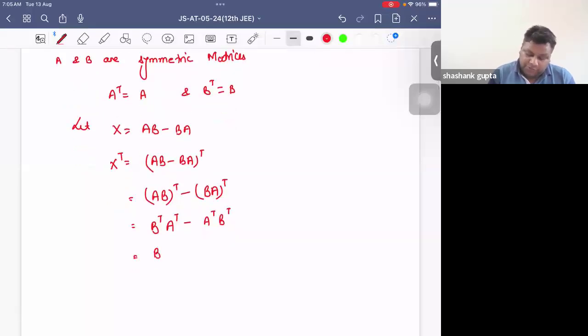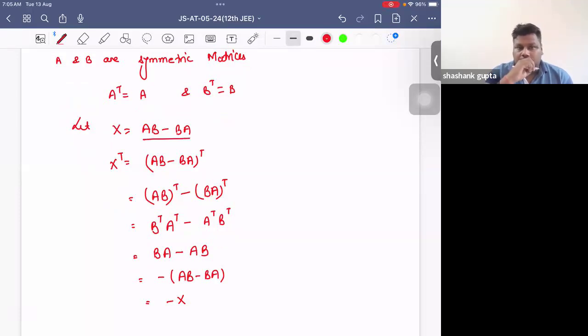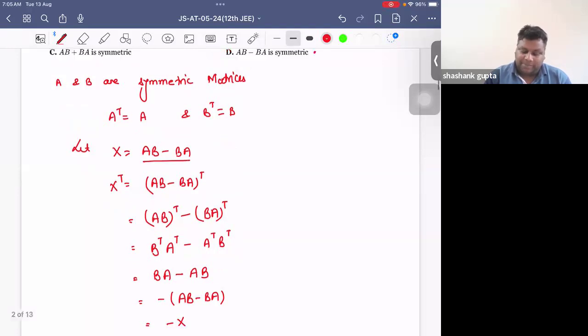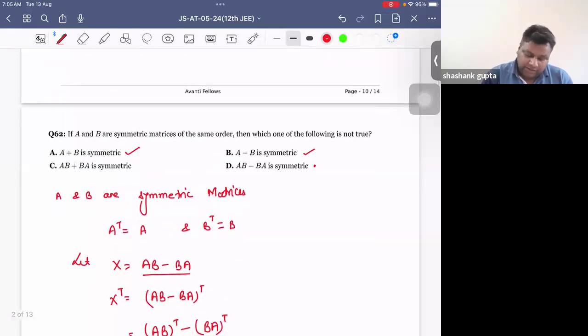Now B transpose is B, A transpose is A, minus A transpose is A, B transpose is B. Take minus common, it will be AB minus BA, and this is minus X. So definitely if X transpose came minus X, that means this particular matrix is a skew symmetric matrix. And they are asking for which of the following is not true, so definitely it is not true. All right.